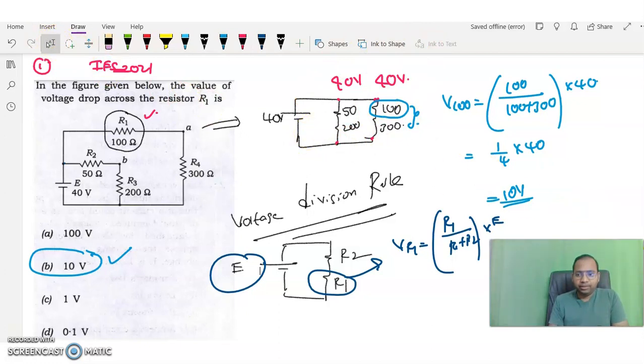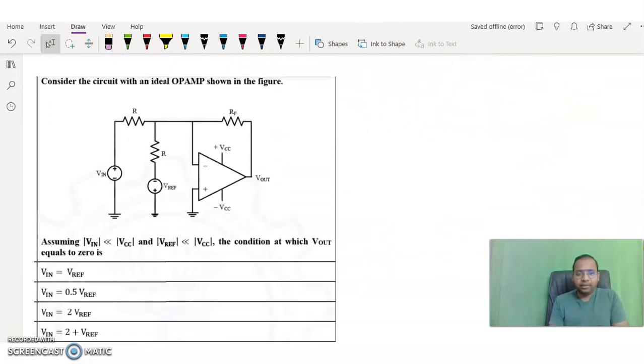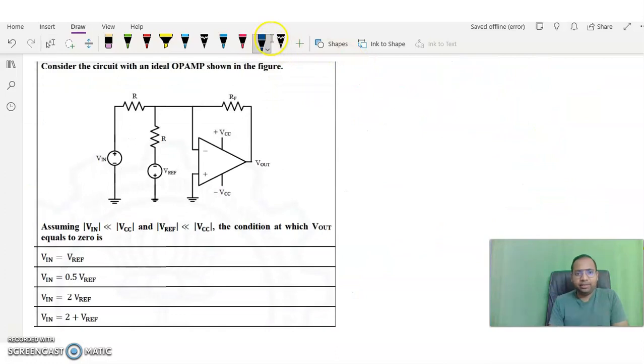So let's go to the next question. Yeah, this one is a GATE 2021 question, guys. First of all, have a look at what they are asking to find. Consider the circuit with an ideal op amp shown in the figure.